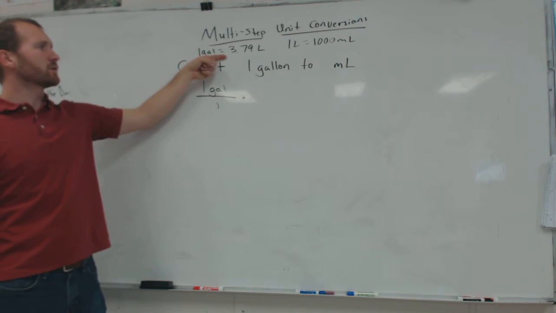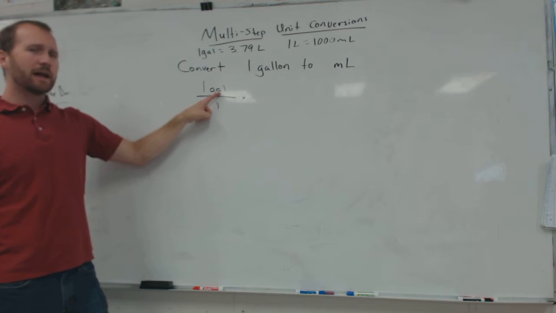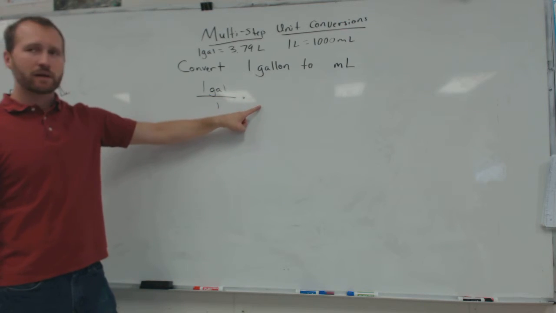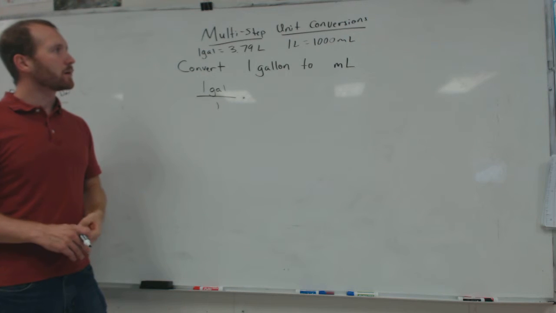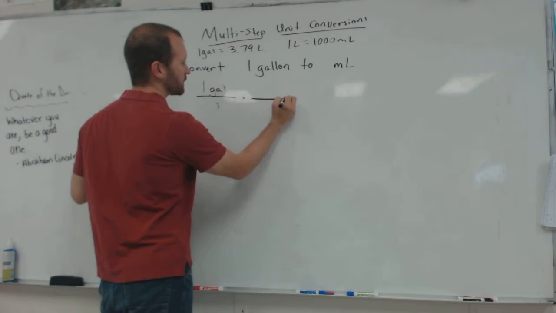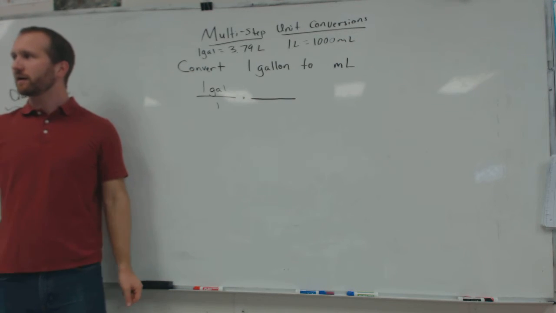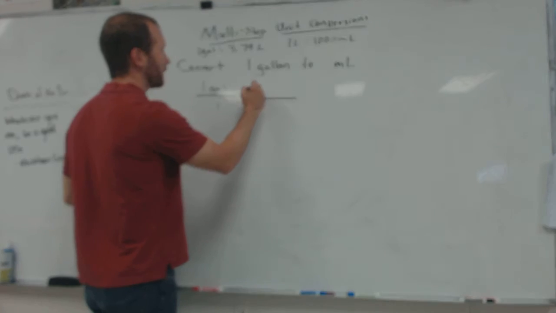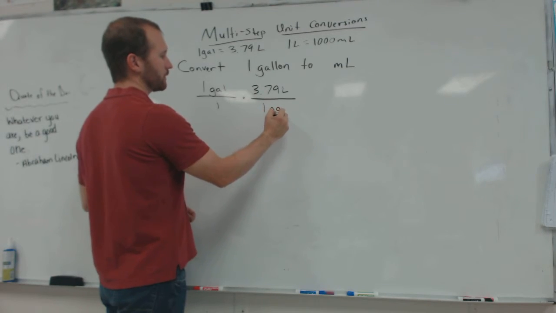Let's look at this conversion factor. I have to turn that into a unit multiplier that has gallons in the denominator. How could I do that? What would be the fraction with gallons in the denominator? Yeah. 3.79 liters over 1 gallon.